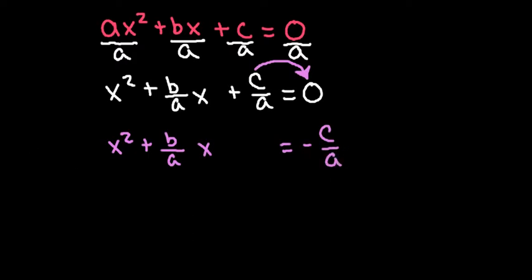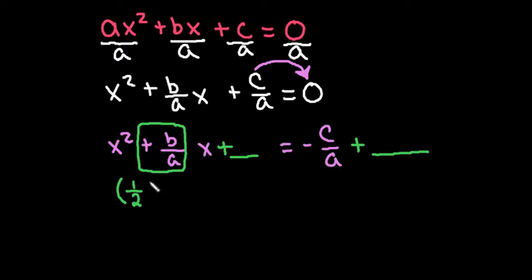And now, just like any other completing the square problem, I'm going to add a blank to both sides. I have to figure out what I would add to both sides to make this a perfect square trinomial. So we're going to take half of our middle term. So I'm going to do half of b over a, and I'm going to square this whole thing.